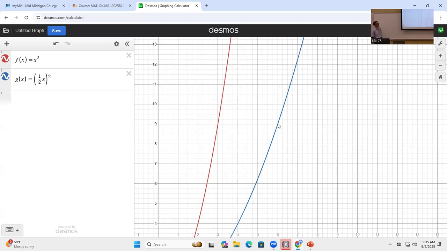I need to put in double the x value to get the same y value out. Make sense? So it kind of works in reverse on the stretch-shrink side.